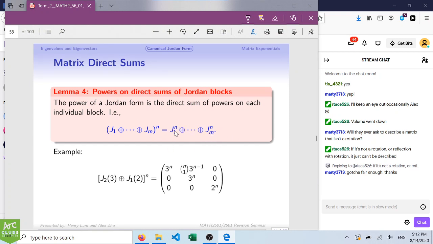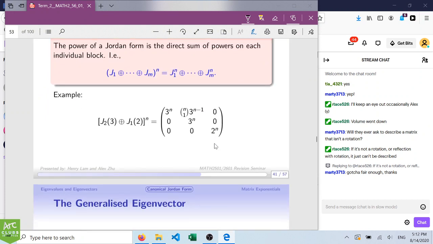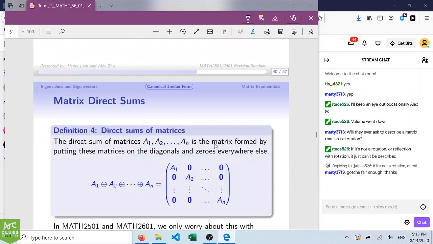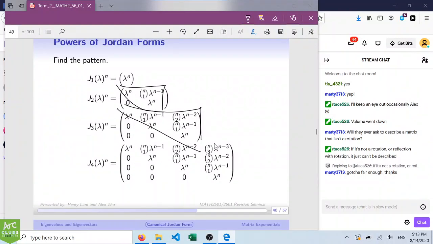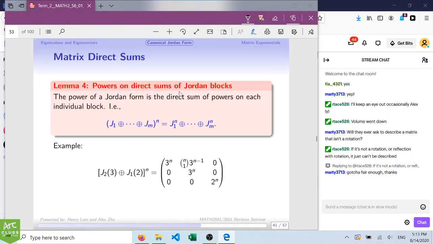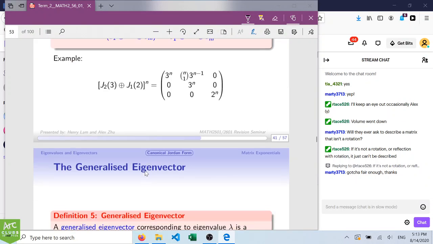This is a very powerful lemma, because you can use it to expand higher powers without having to worry about the nasty matrix multiplication. You can just use the Jordan block theorem, raise each block to a higher power, and plug it back into the equation without doing the computation yourself.